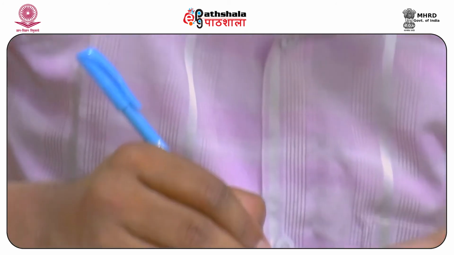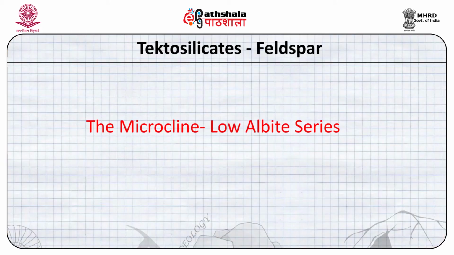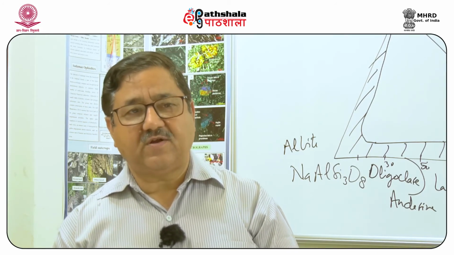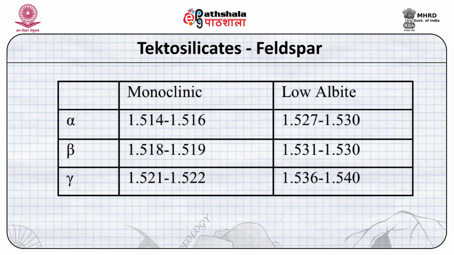There is one more series, which is the relatively low temperature series of alkali feldspar, known as the microcline low albite series. Both are triclinic crystals in this case. In case of microcline low albite, the crystallographic parameters vary in this fashion, that is, the alpha varies between 1.516 to 1.5416, and for low albite the values are similar to what we see in the orthoclase albite series.